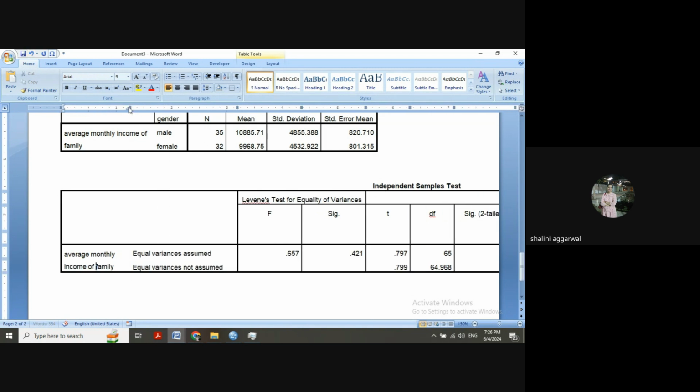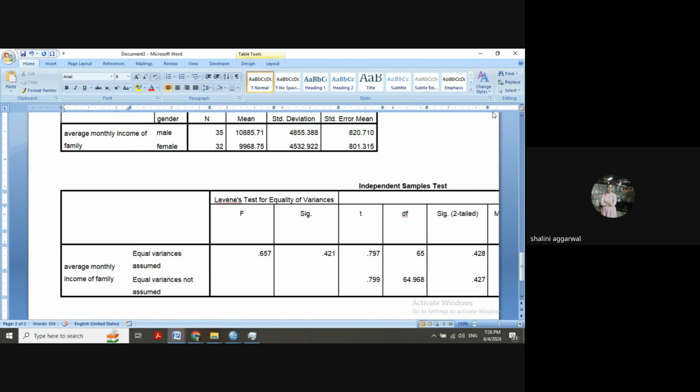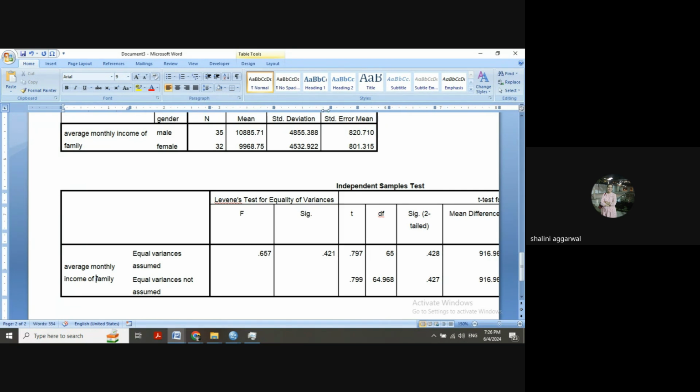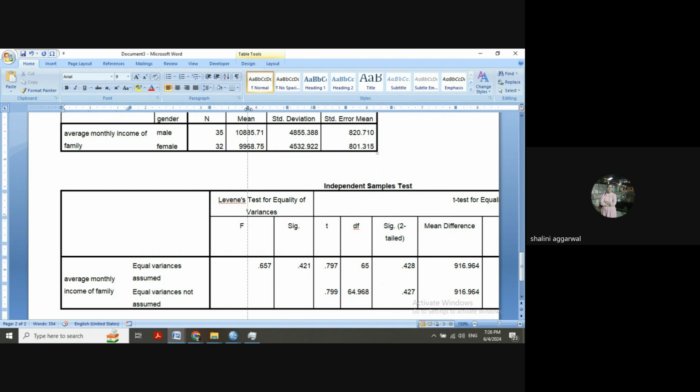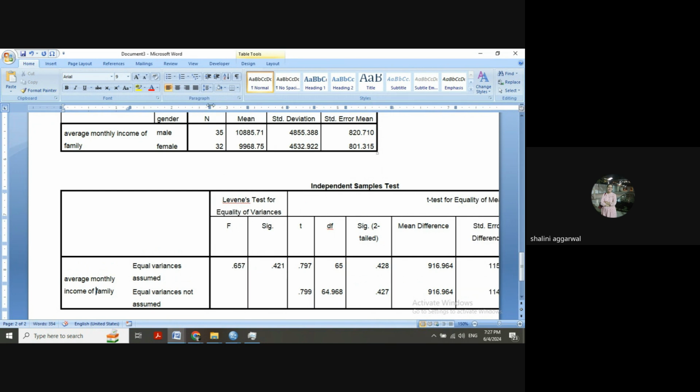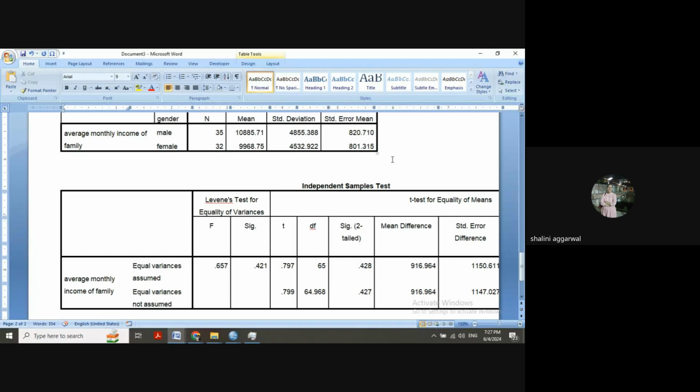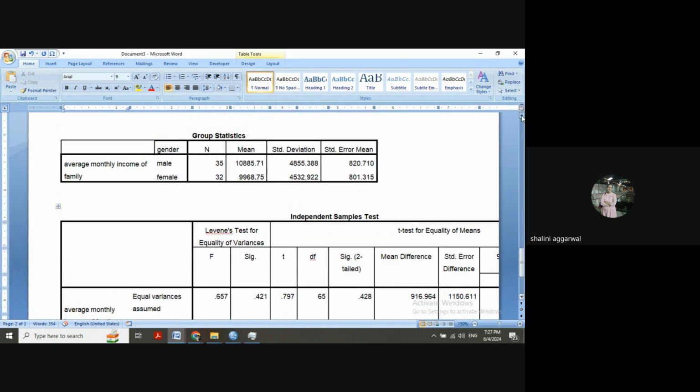Let me decrease the size a little bit. Okay, just give me a minute. So that we can see the whole of it on a single page. Anyways, okay. So you can see here.